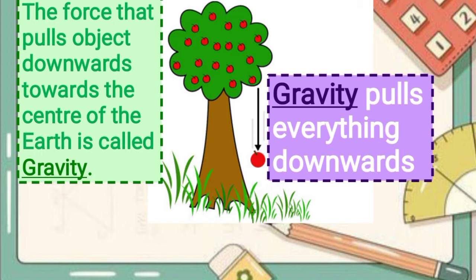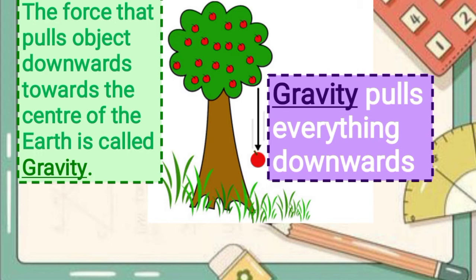But why does it fall down? Why doesn't it keep going upward? So, this is because of the force of gravity. The force that pulls objects downwards towards the center of the earth is called gravity.